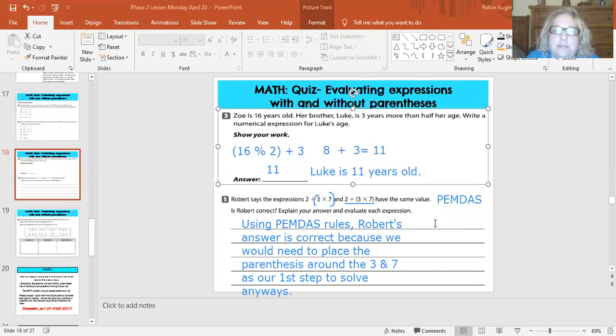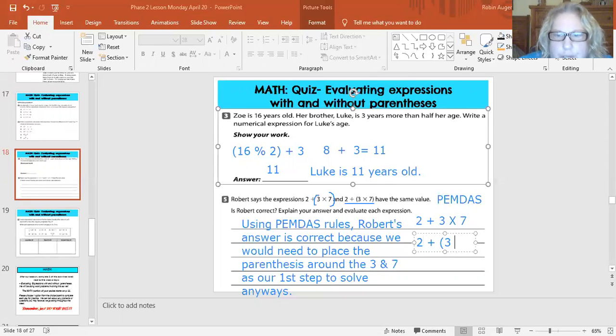Okay, so let's work it out. Okay, so we started out. We're going to start out with 2 plus 3 times 7, and then we stick our parentheses in. 2 plus parentheses 3.